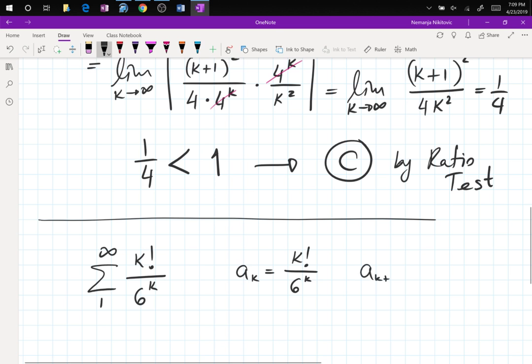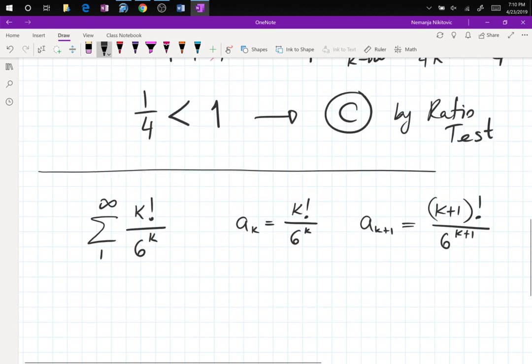All right, create a_(k+1). That's going to be (k plus 1) factorial divided by 6 to the k plus 1. Limit as k goes to infinity. And now what do I have? I have (k plus 1) factorial on top, because it's a_(k+1) divided by a_k.